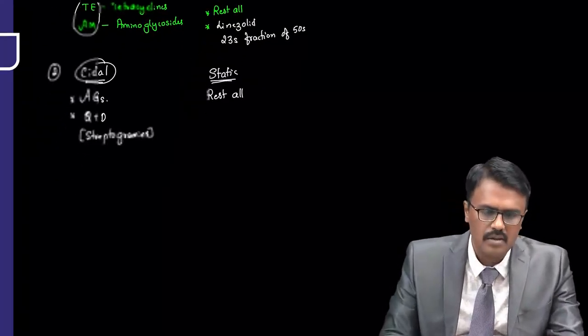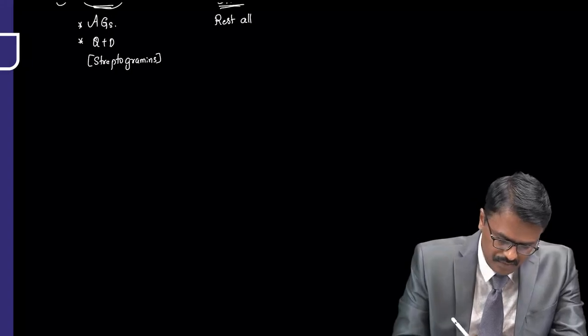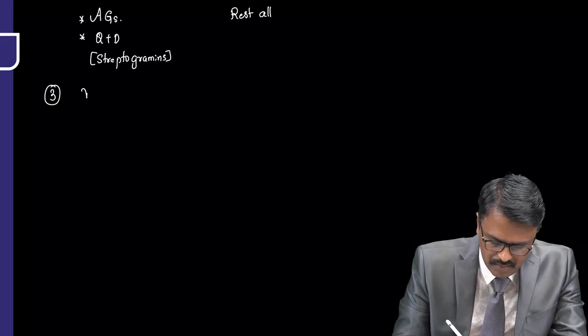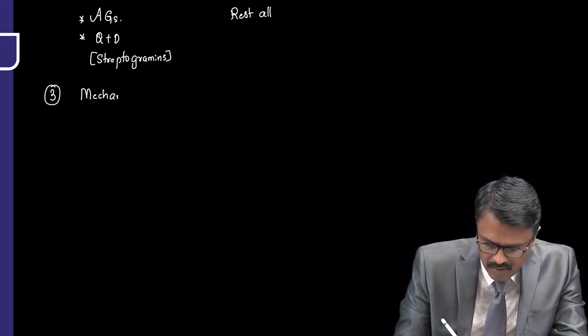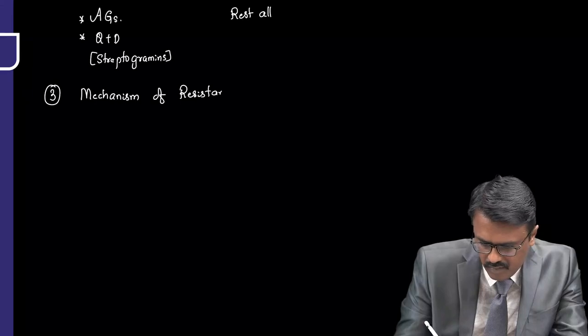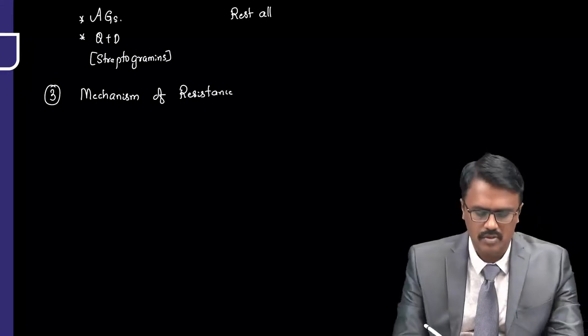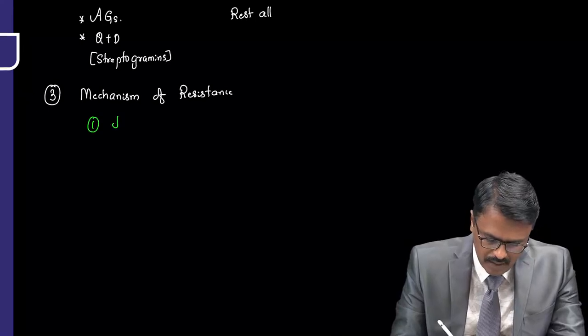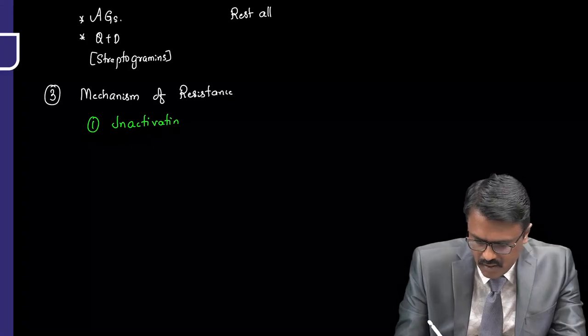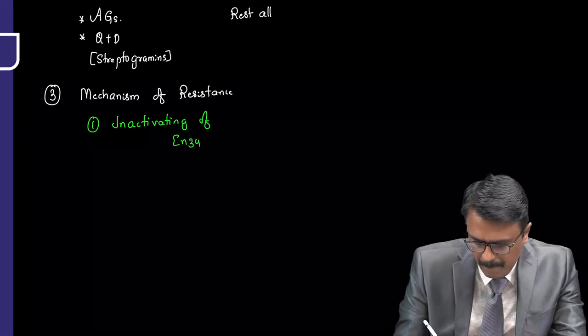Now moving on to the third important aspect. In protein synthesis inhibitors, what is the mechanism of resistance? Number one, they can produce inactivating enzymes. So inactivating enzymes like beta lactamase can be produced here.